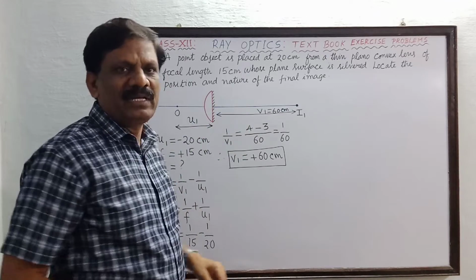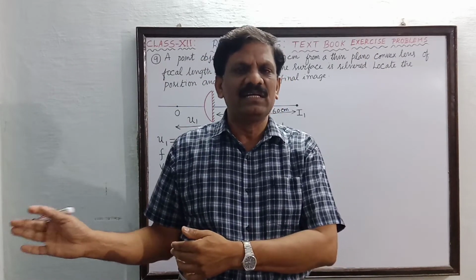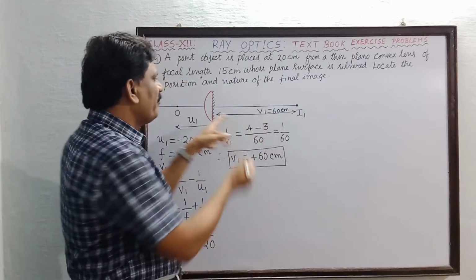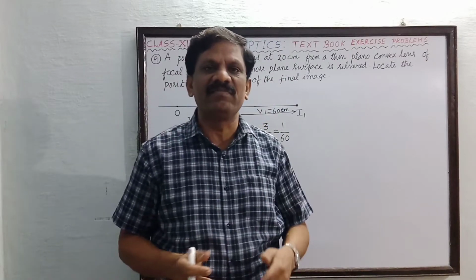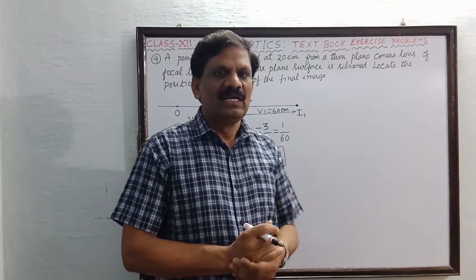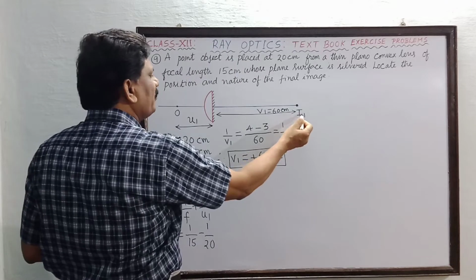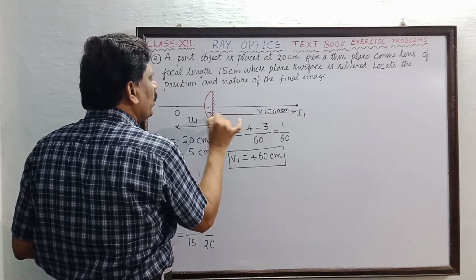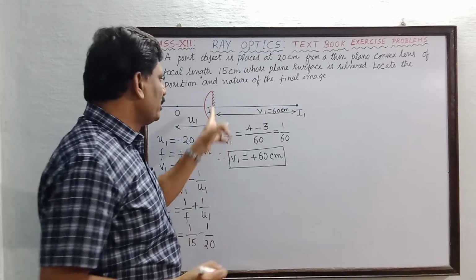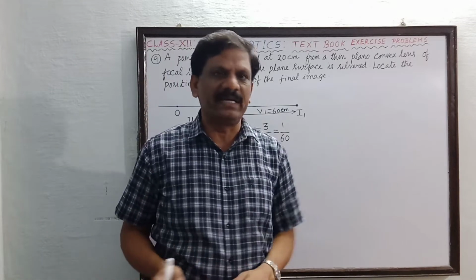Since it is a plane mirror, its image will be formed on the left hand side of the plane mirror, but inside the glass itself. The image formed by this mirror, that is I2, will still be inside glass only. It has not come out to the air.